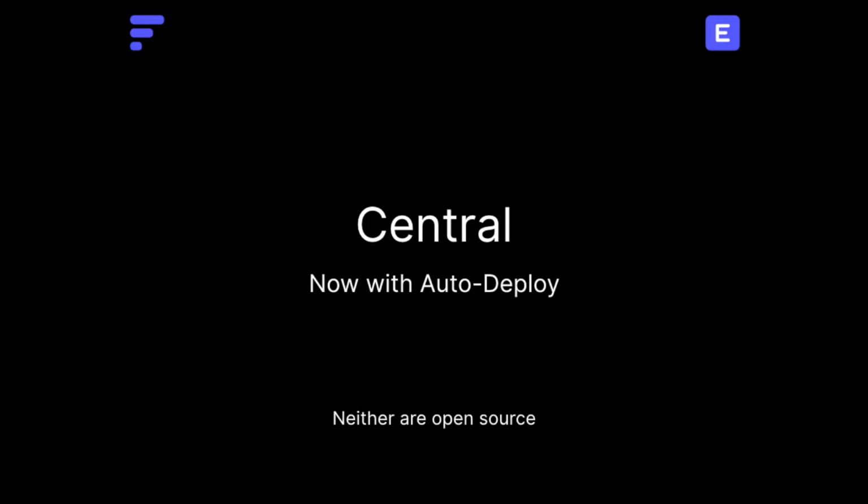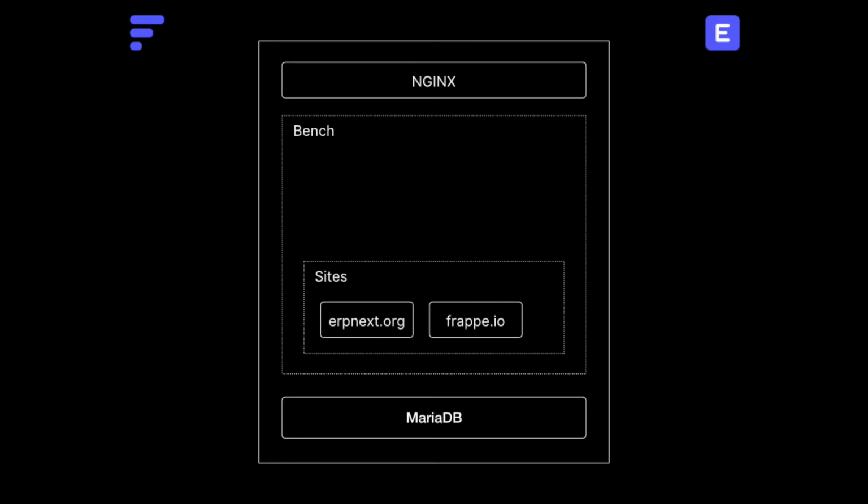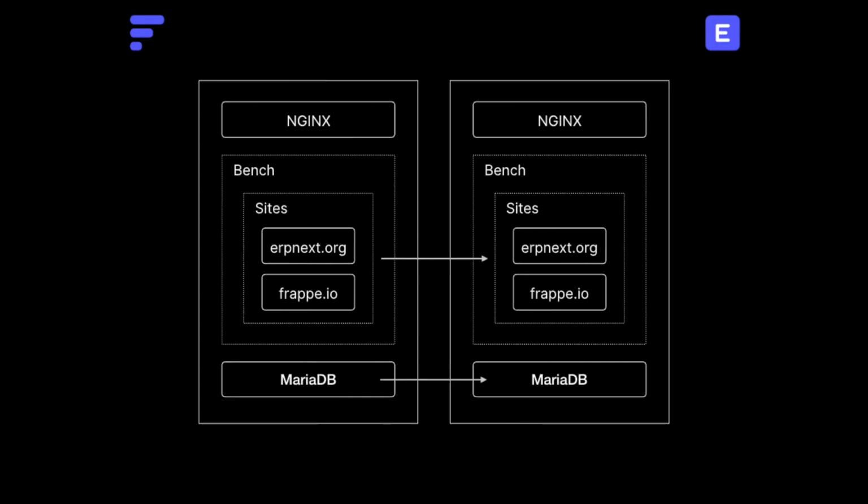The way Frappe solved this problem is by coming up with something called Central, right? Now let's see what Central is. Essentially, again, you start with the standard deployment server. Let's just focus on the important details here and get rid of the processes. What we do essentially is create a copy of this standard deployment.